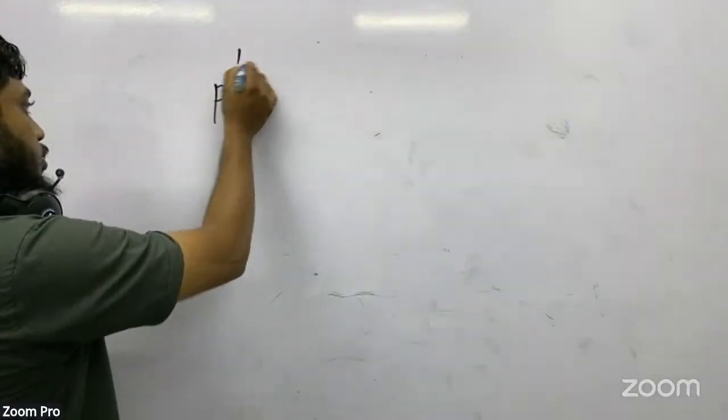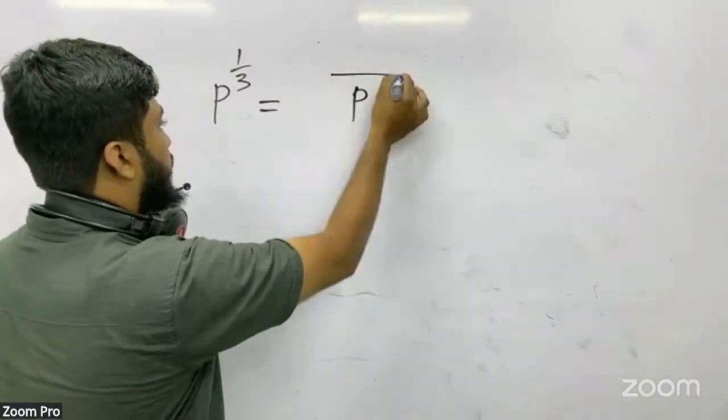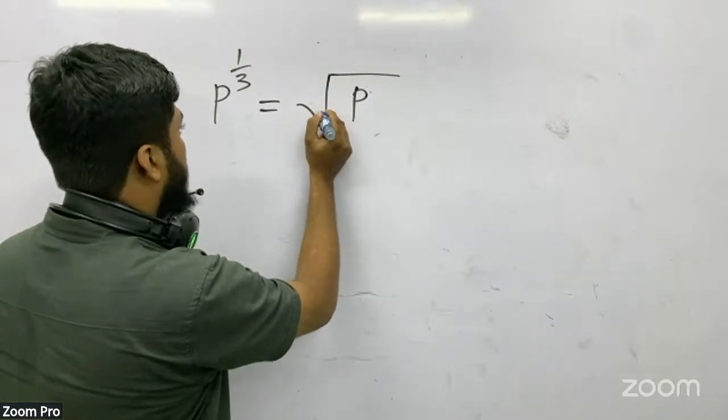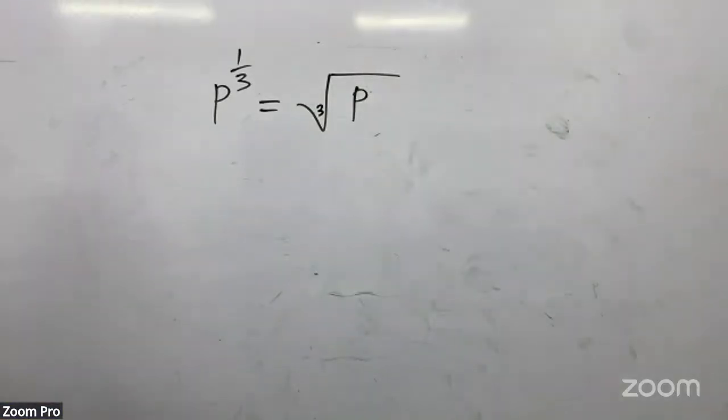P to the power 1 over 3 means, what can I write here? P square root 3, we can write. Next one.